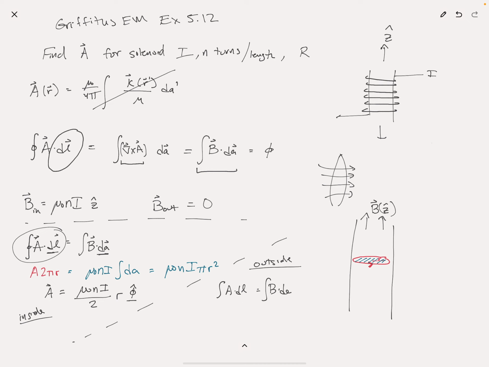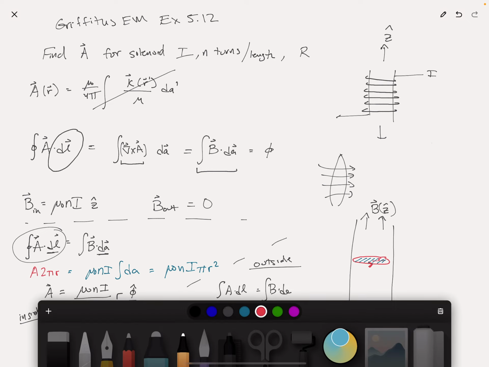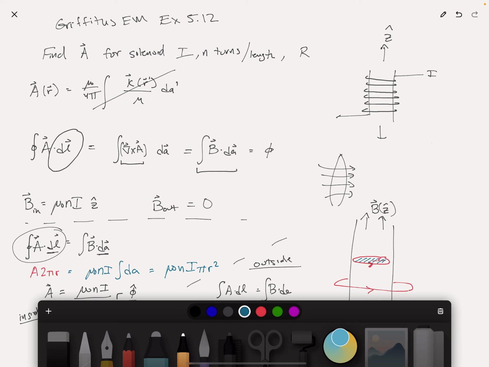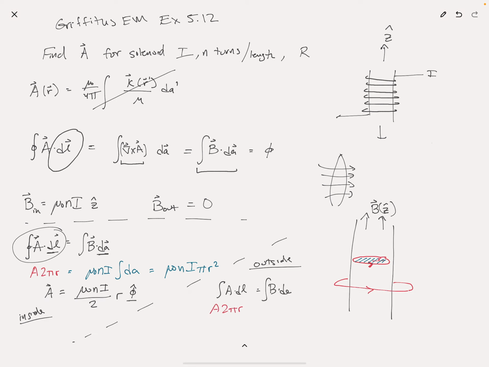All right, let's draw our paths again. Okay, I still have A times 2 pi r, but now my magnetic field doesn't pierce through the entire piece of my loop. It just pierces through this.